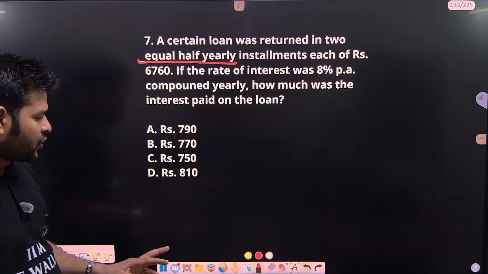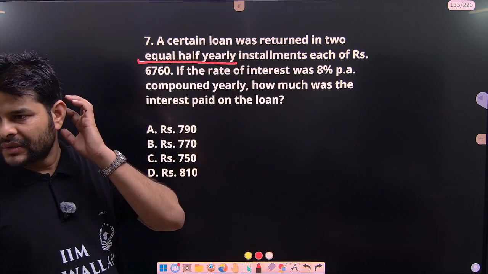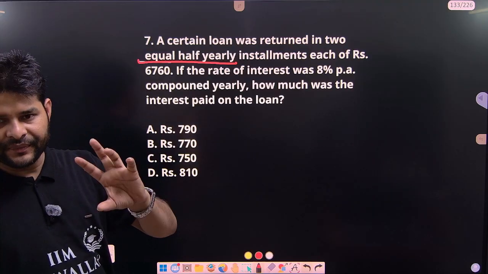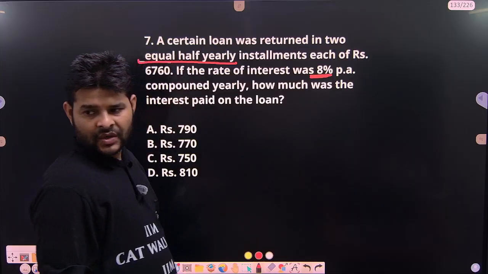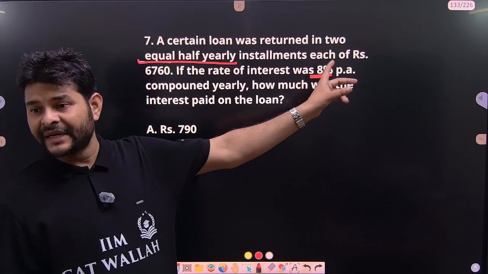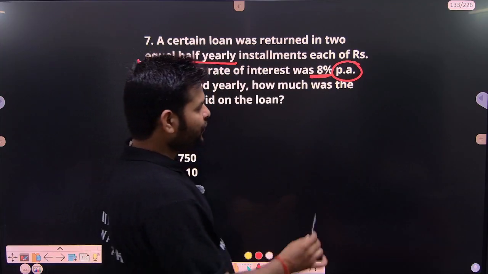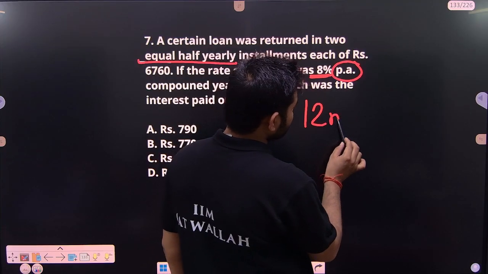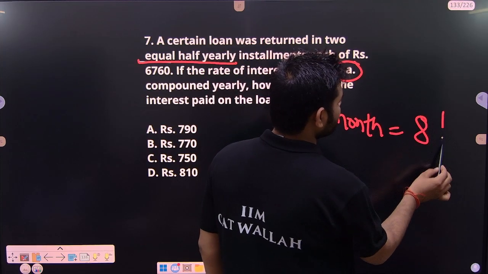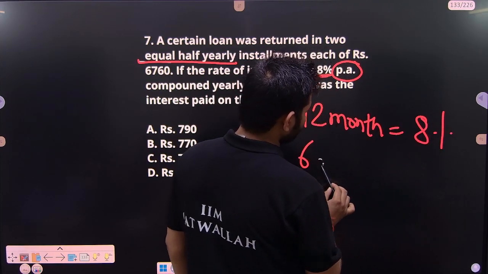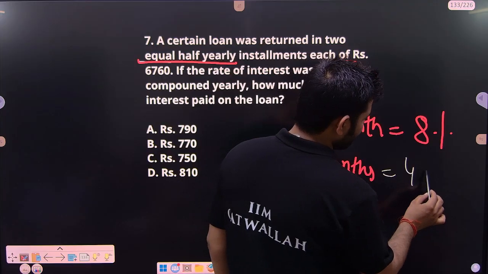So what is going to change over here? The basic change would be in the rate. The rate of 8% is per annum for 12 months. For 6 months the rate would be 4%, just half.